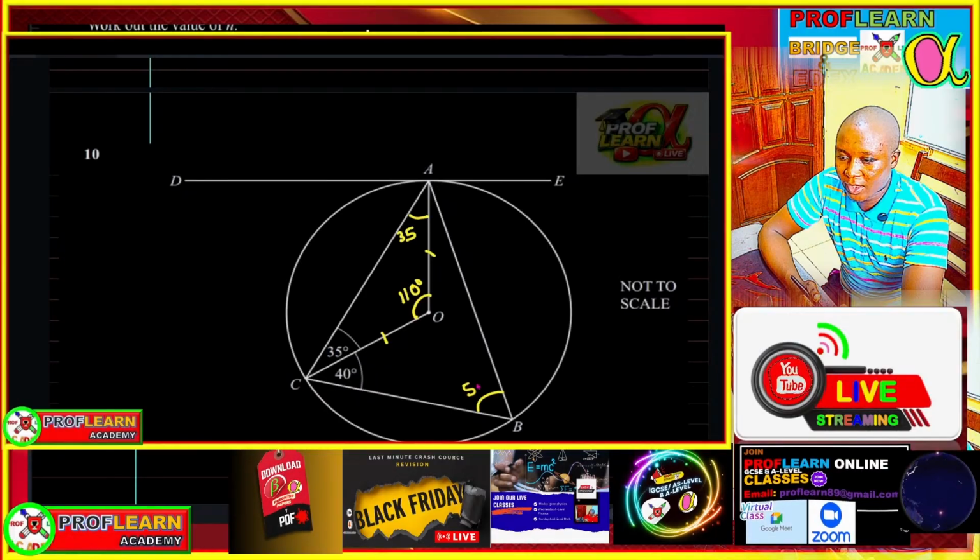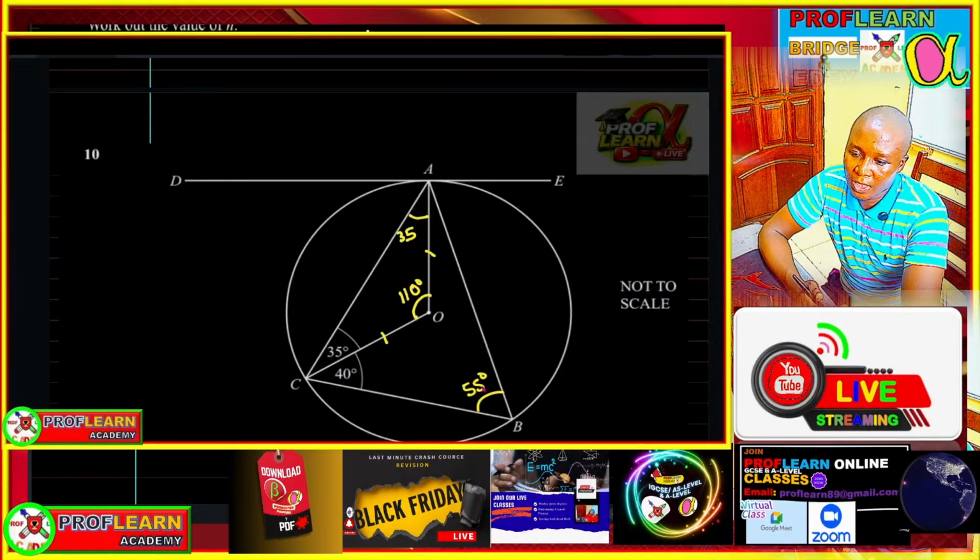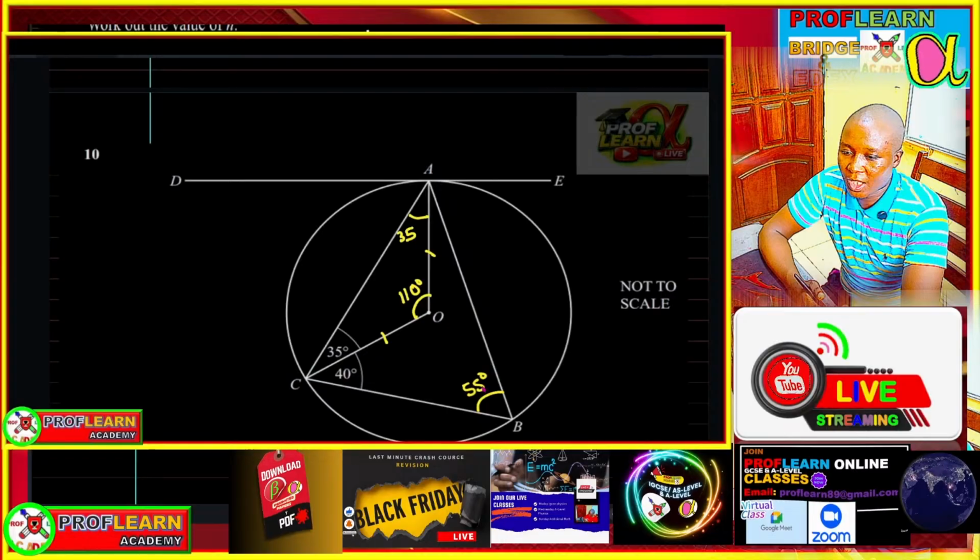Then this angle that we have here is going to be 55, because the angle at the center is 2 times the angle at the circumference. Since angle O is 110, then angle B is going to be a half of that.